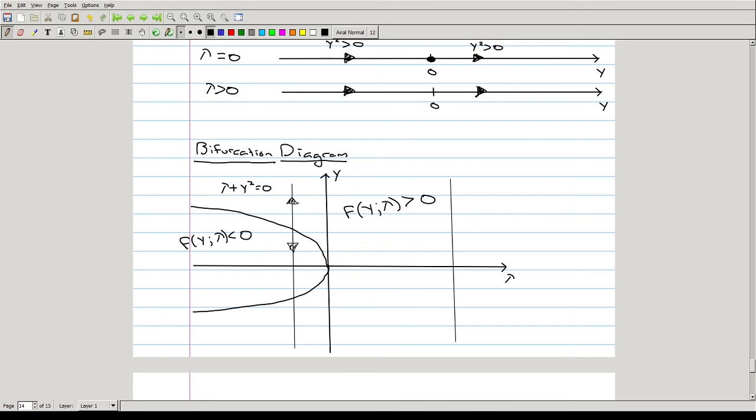It's negative here, and it's positive here. So we have a stable critical value here and an unstable critical value here.